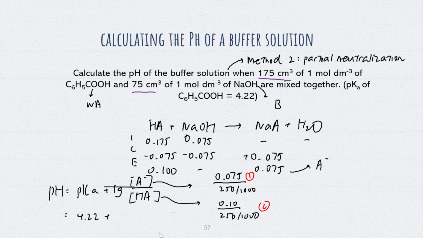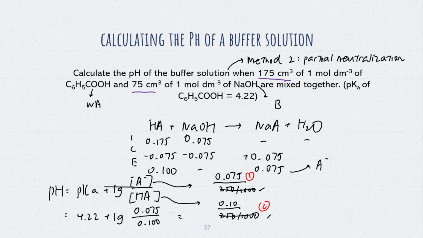So at the end of the day, we can use moles to replace your concentration values, simply because your volumes here are exactly the same, so they will cancel each other out. To fill up the rest of the blanks, it will be just 0.075 divided by 0.100.